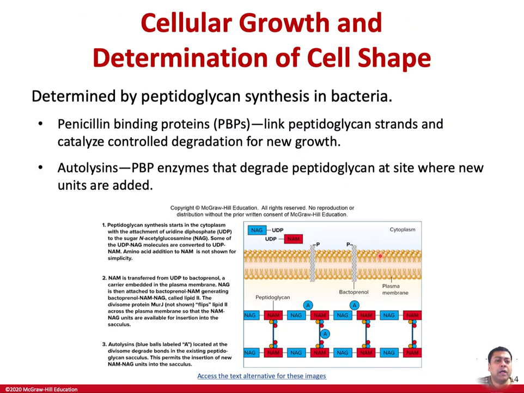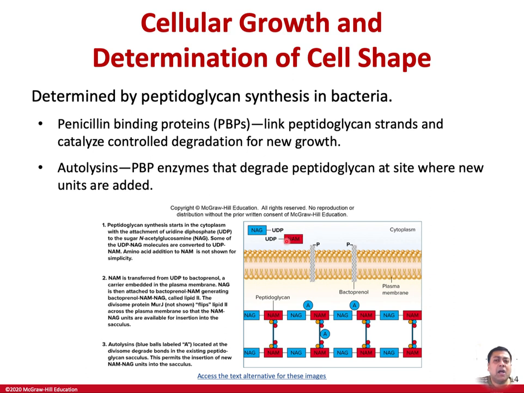Here we are looking at peptidoglycan synthesis, which starts in the cytoplasm with the attachment of a uridine diphosphate to the sugar N-acetylglucosamine, which is known as NAG. Some of these UDP-NAG molecules are converted into UDP-NAM, which is N-acetylmuramic acid.